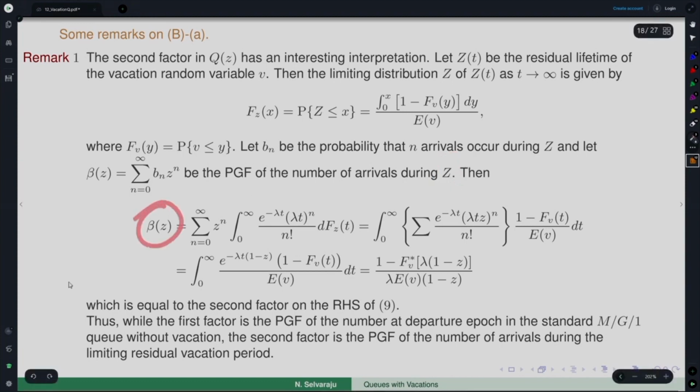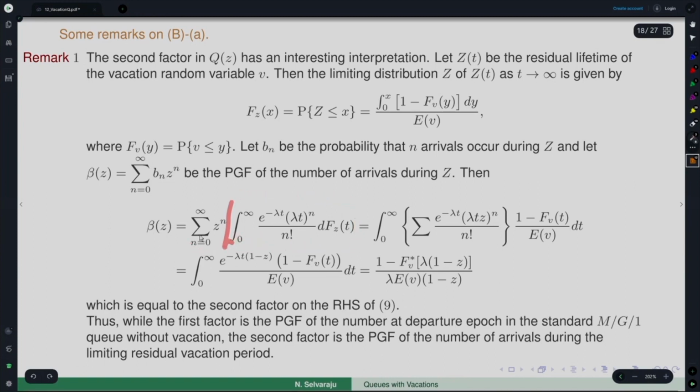Then what is Pn? It is the n arrivals during Z, and if I call Fz its CDF, then the n arrivals during Z is this quantity, as in the earlier case, because arrivals are Poisson input here.